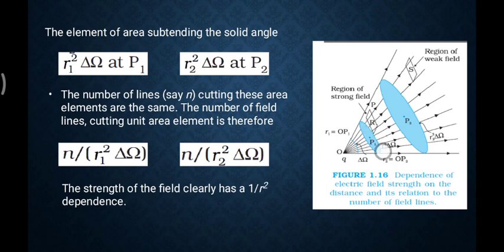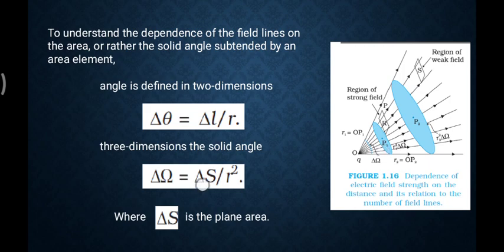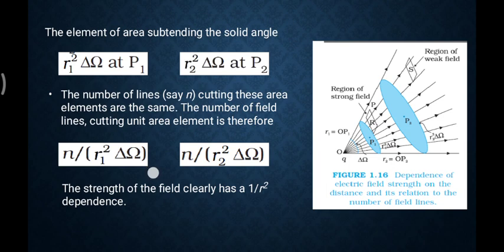So if you want to find delta S, it should be R square multiplied by the solid angle. Here we are just finding the area element: R square multiplied by the solid angle. At the particular P1 position, what is R? R1. Then it is R1 square delta omega.